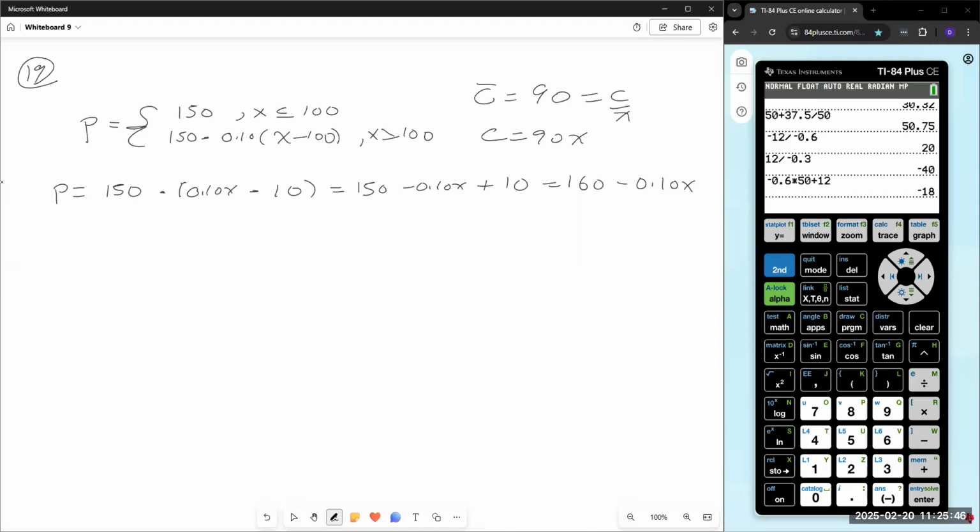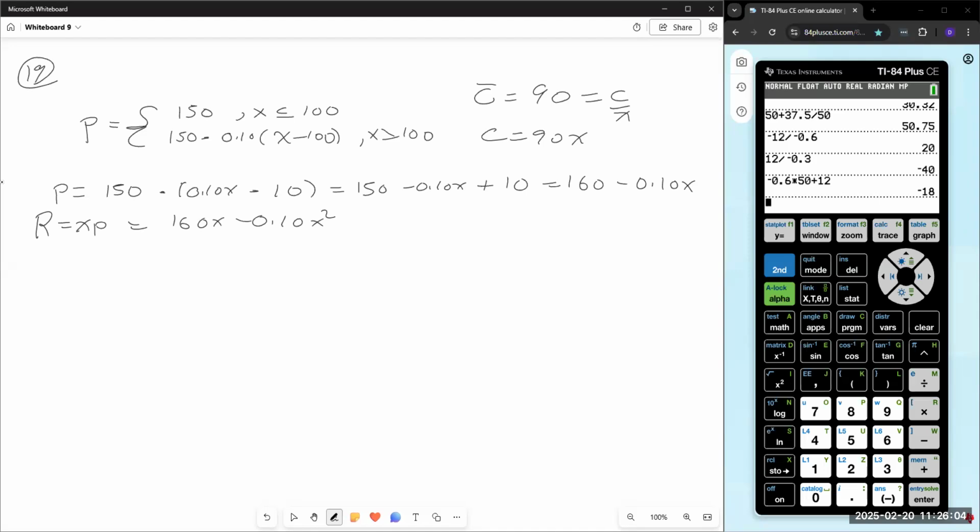There we go. Fix that. So now our revenue function, R equals x times P, is 160x minus 0.10x squared.